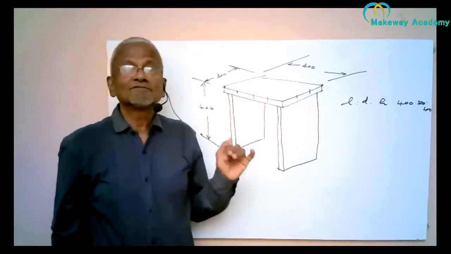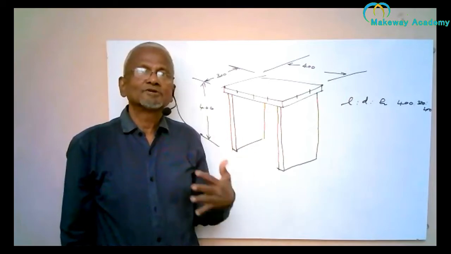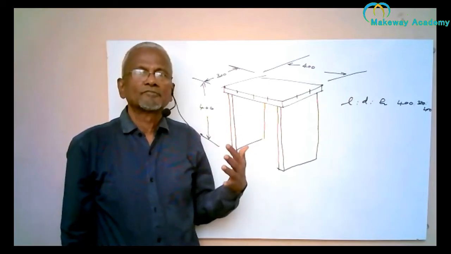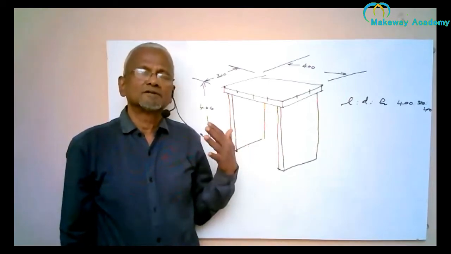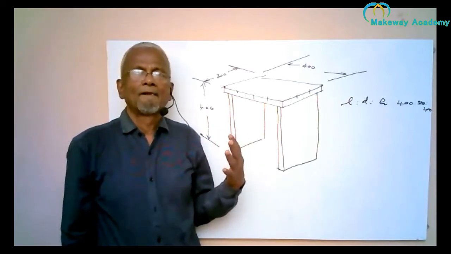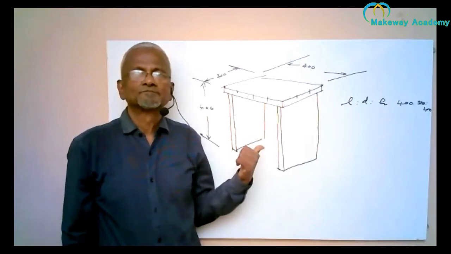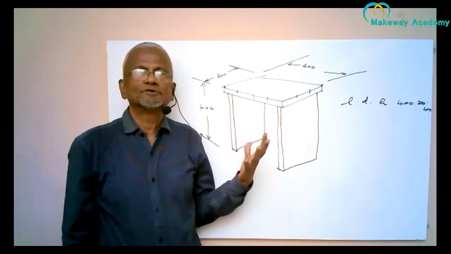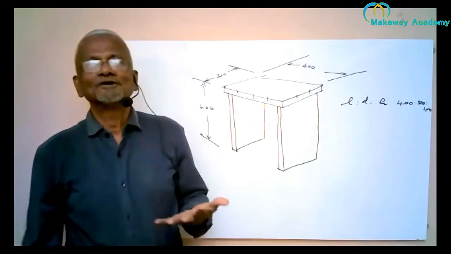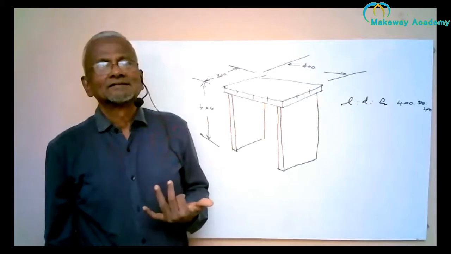So this is one of the designs. When you design something new, there will be a number of solutions. A lot of solutions will be there. You can use different materials. Instead of plywood, you can use wood, or you can use acrylic, plastic.